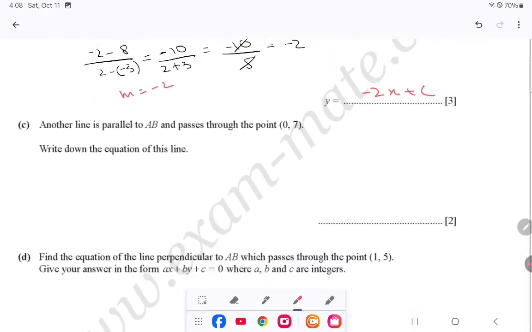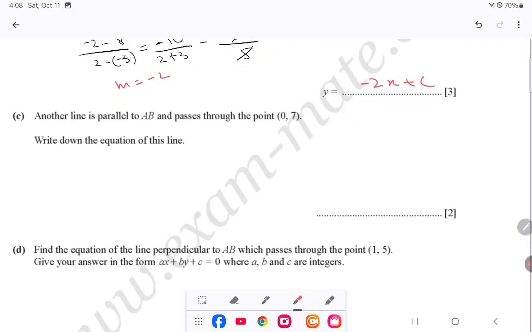For part C, it says another line is parallel to AB and passes through the point (0, 7). Now write down the equation of the line. So when we have the points given of a line and we have to calculate the line equation, we simply use the formula y2 minus y1 equals m, which is our slope, times x2 minus x1.